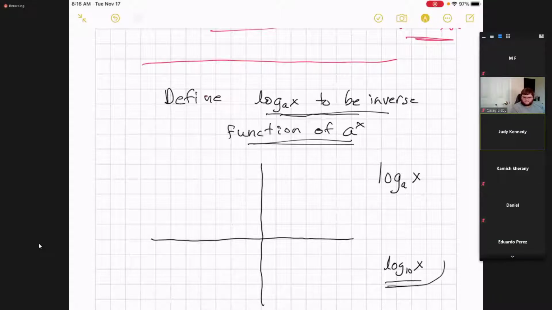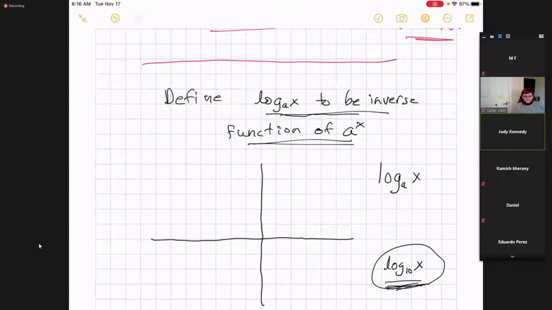I went to school in the dark ages. But when we started talking about logarithms, it was all log base 10. In fact, back in the dark ages, there were no calculators either. So when we started talking about logs, we got tables of logs, or we used slide rules, one or the other. But yeah, that was my introduction.